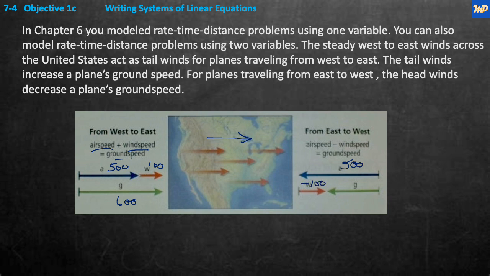So the ground speed is going to be 400, because this is slowing you down. Even though you're spending gas and running the engines like you should be going 500 miles an hour, you're only really going 400 miles an hour on the ground across the country. Okay, so let's go ahead and look at one of these problems.